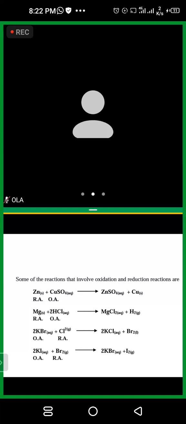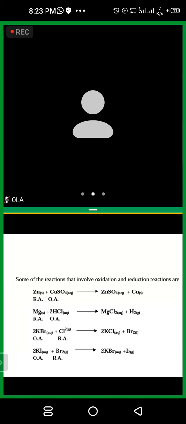Looking at the next example, we have magnesium reacting with hydrochloric acid. Magnesium here is a reducing agent, while hydrochloric acid is the oxidizing agent. Remember, this should now be based on electronegative elements. Chlorine is electronegative.